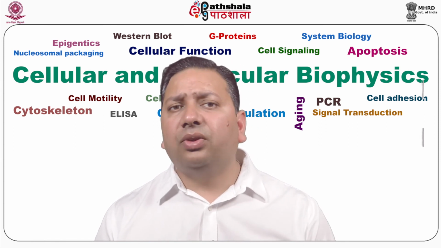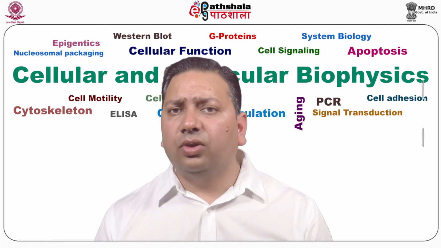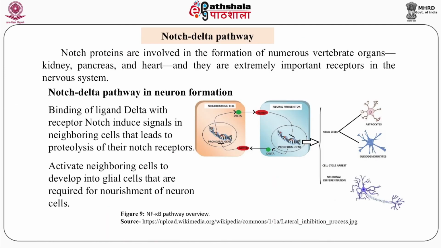Now, there is another pathway that we call Notch-Delta pathway, which plays an important role in controlling cell fate during development. The best example is development of nerve cells, where once a precursor cell is committed to become a future nerve cell, the immediate neighbor cells are instructed not to develop as nerve cells by a process called lateral inhibition.